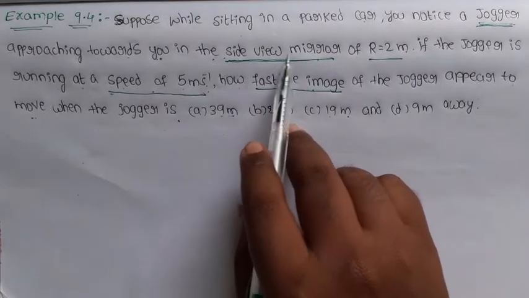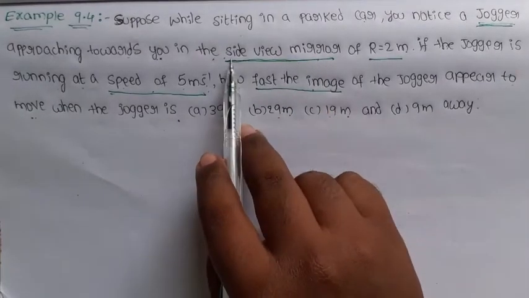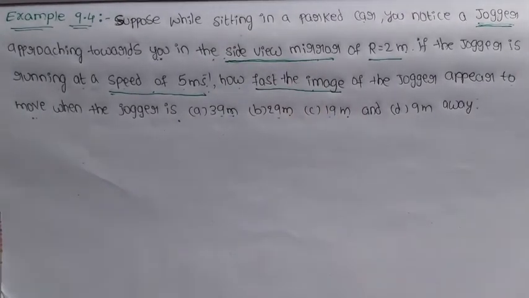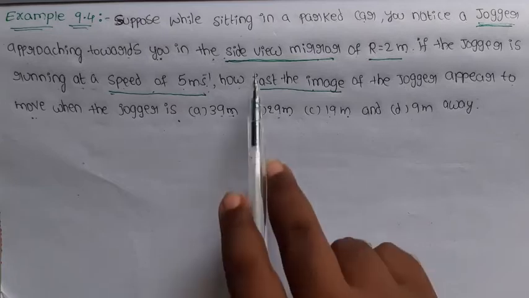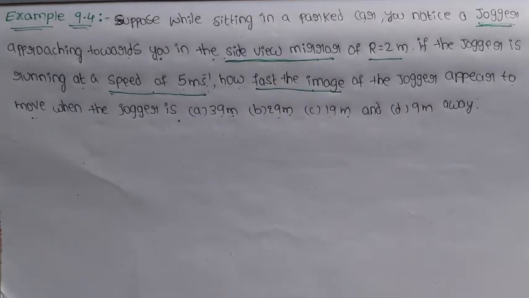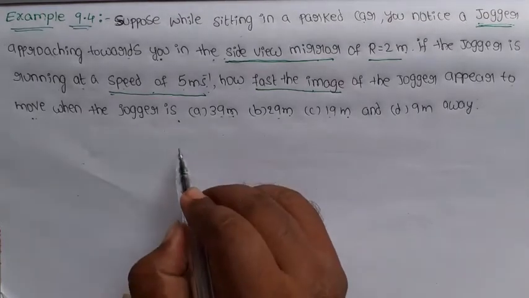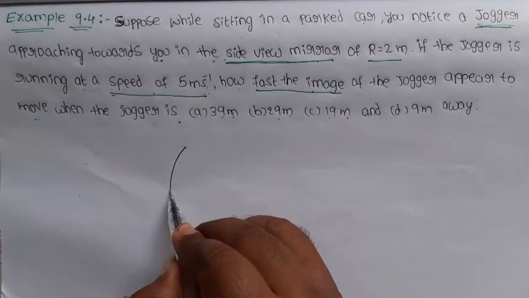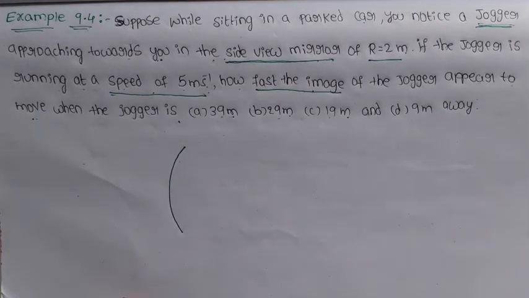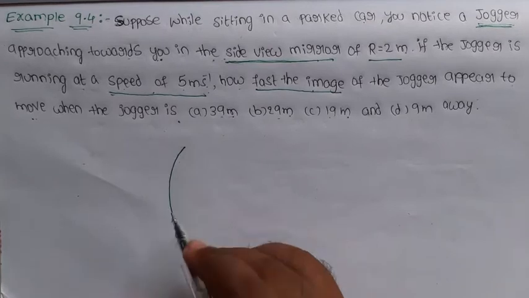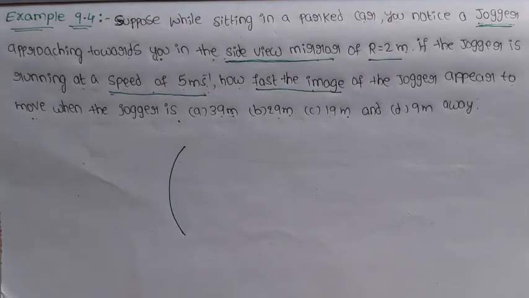Here which type of mirror is used? Side view mirror. Generally in vehicles, the side view mirror acts as a convex mirror. What is the shape of the convex mirror? This is the convex mirror. How do you say that this is a convex mirror?